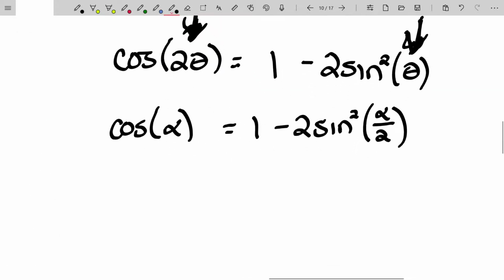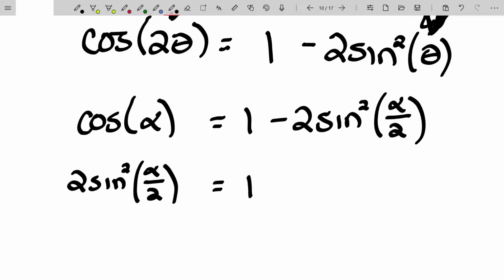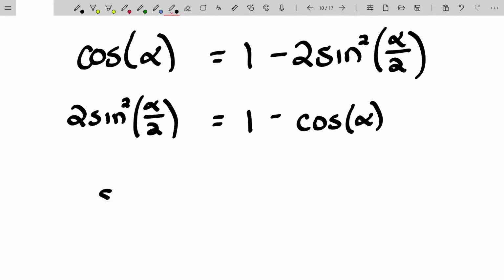But in this case, the second case, I could solve for sine squared. I'm going to add 2 sine squared to both sides. 2 sine squared of alpha over 2 is equal to 1. And then I'm going to subtract the cosine of alpha from both sides. Now I'll divide both sides by 2.